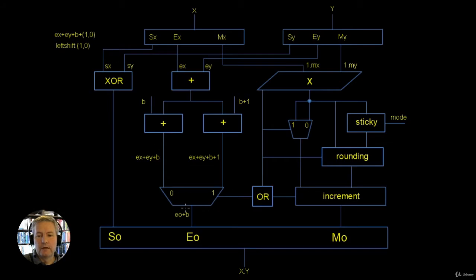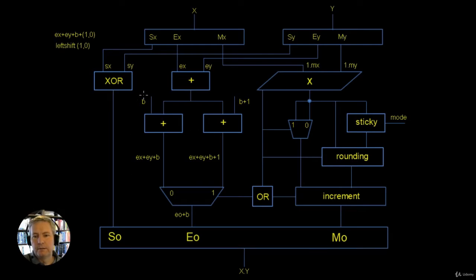And we've got the multiplexer here and we choose adding the 1 or adding 0. So what we are doing with this adder here and this adder here is we're making a copy of the two possible outputs, ex plus ey plus b plus 1, which is here, and just ex plus ey plus b, which is this one here.